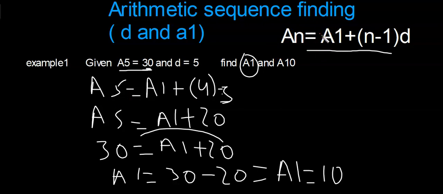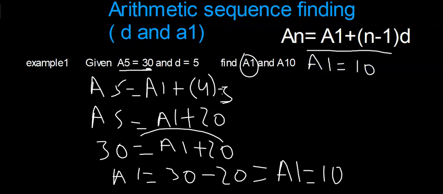When you subtract 1 from 5, you get 4, and since they've given us the value of d, I use this 5 and multiply it with 4, and then I do the algebra and get the value of 10. So that means I get the value of a1. My a1 value is 10.